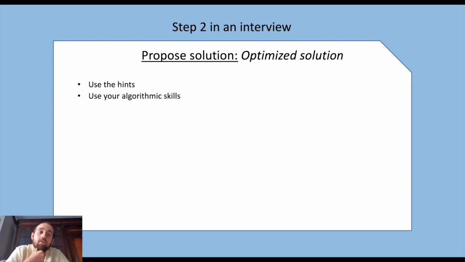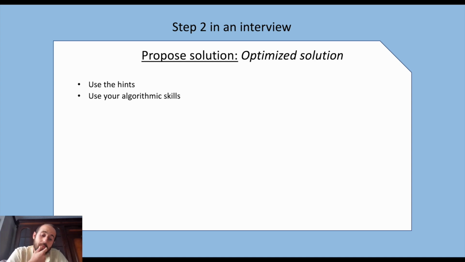So you should remember and try to leverage all the things that you know about data structures and algorithmics to find a solution. And also, you should try to find and use the hints that are written in the question and that you were able to identify by dialoguing with the interviewer.